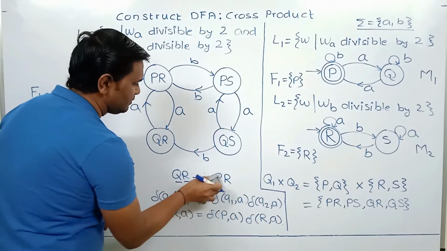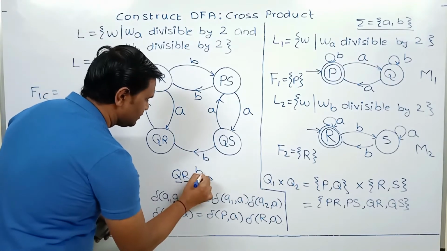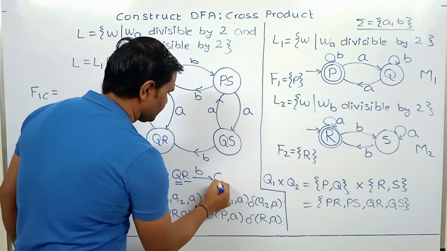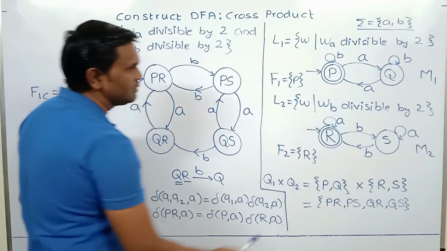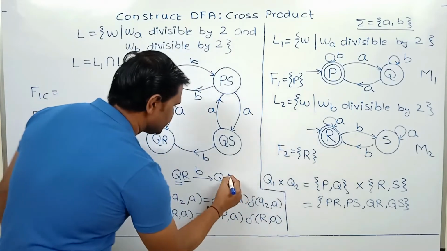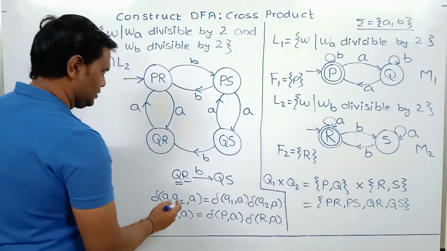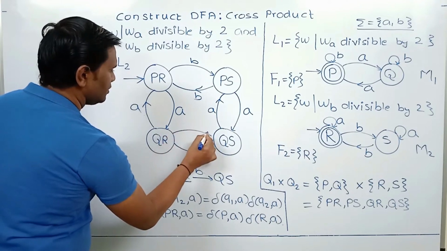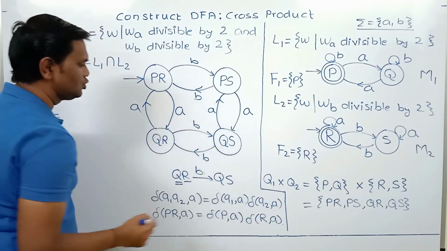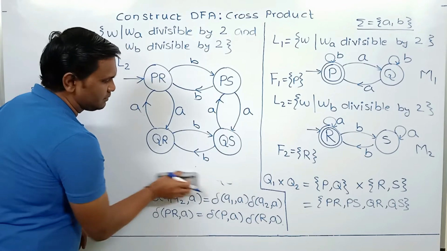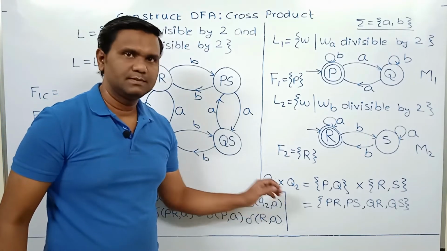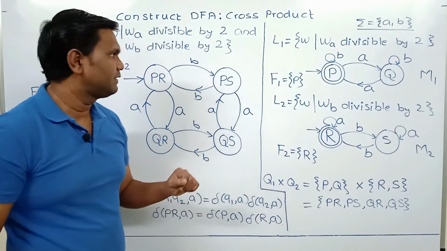Now consider B. Q on B goes to Q, R on B goes to S. So QR on B goes to QS. So here first we have calculated all the states in the cross product of the DFA.